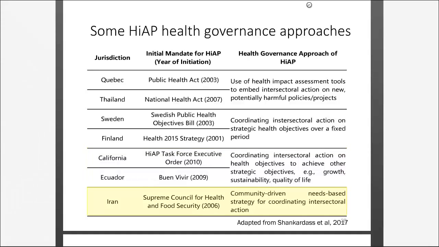And then finally, just to throw in a totally different model to show you that there are so many different potential health governance approaches. In Iran, the way that they do health in all policies works more to identify local needs at the community level as a starting point, and then that knowledge goes up to the government, and the government says, okay, these are the local needs in that area.